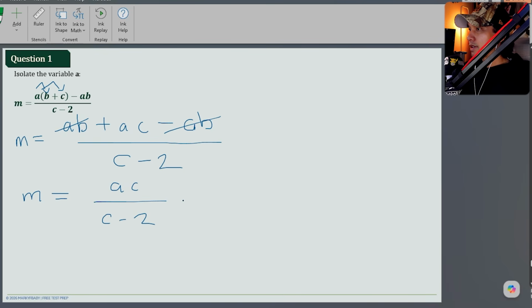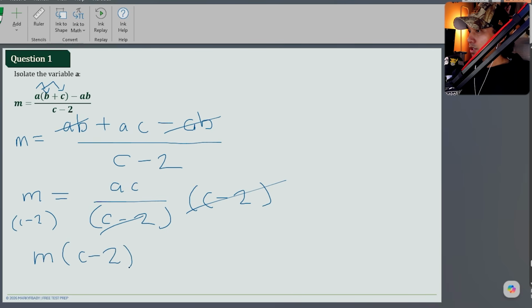And what I am going to do here is multiply by C minus 2, because what I want to do is cancel out the denominator. And then what I do on this side, I must do on this side. So I need to multiply by C minus 2. Then we're left with M times C minus 2 equals AC.